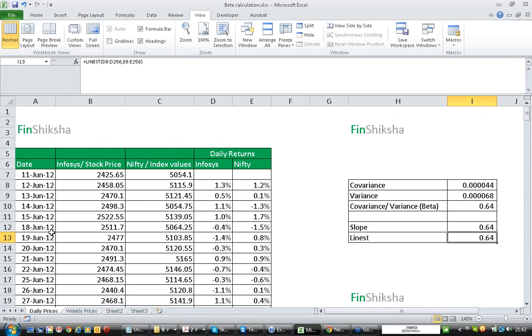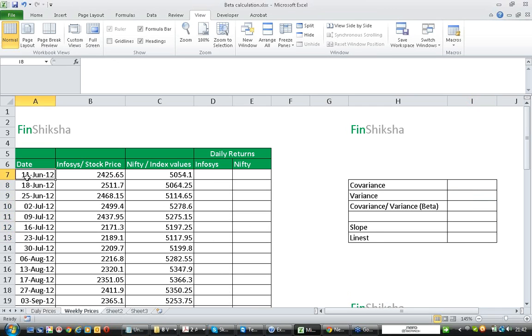However, please note that here we have calculated beta using daily returns. In practice, beta is generally calculated using weekly returns or monthly returns. So let's move ahead and calculate beta using weekly returns. So in this sheet, we have weekly closing prices of the stock and the index.